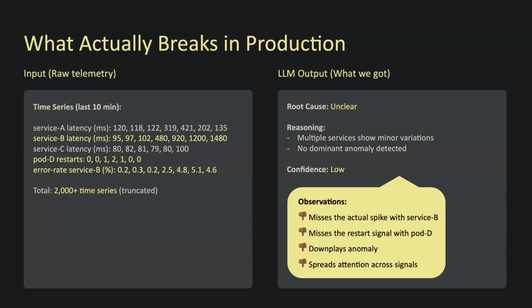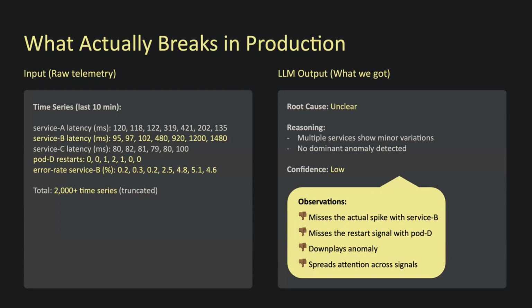This is because the attention is distributed across all the signals. It's not because the LLM is not able to reason, but it's not able to identify the right signals to reason on. So now the question becomes not if the LLM is giving you the right answer, but if the LLM was provided the right signals to do reasoning on.